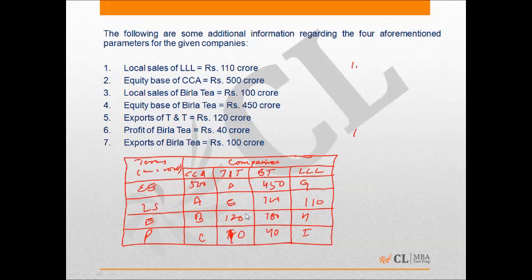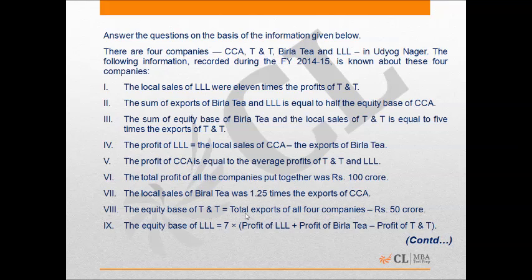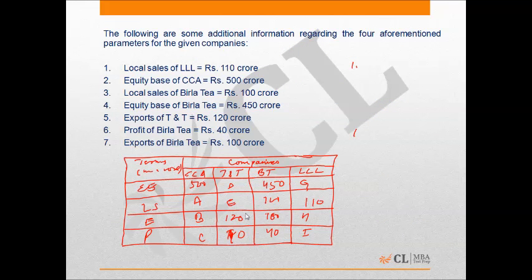Now in the second statement it is given that the sum of exports of Birla Tea and LLL is equal to half of the equity base of CCA, which means 100 plus S is equal to 500 by 2, and this gives us S as rupees 150 crore.